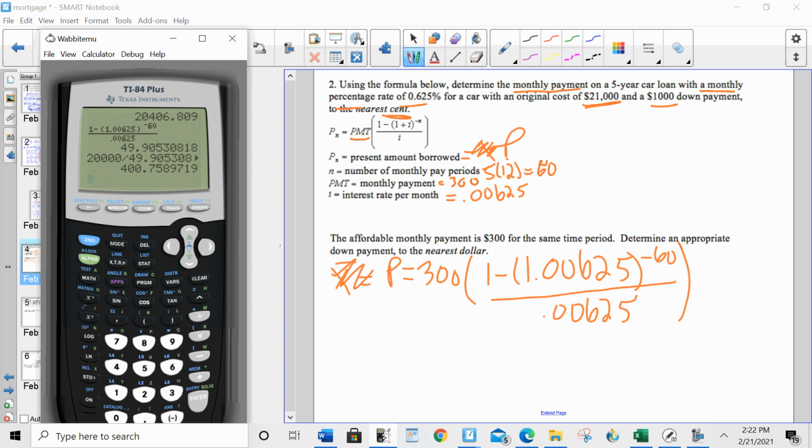So I've got 300, alpha y equals enter, 1 minus 1.00625 to the power of negative 60, over 0.00625. It wants me to round to the nearest dollar, so I'm not going to round yet. I'm just going to write 14971 dot dot dot.